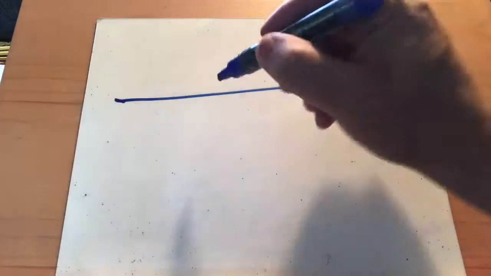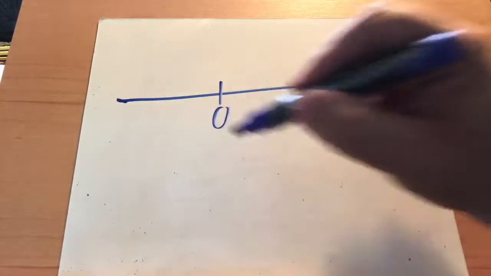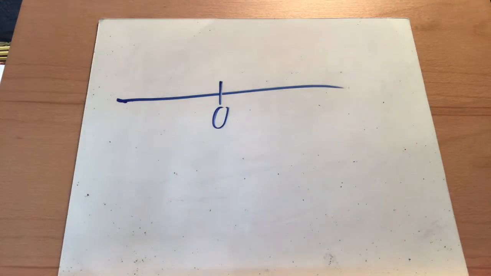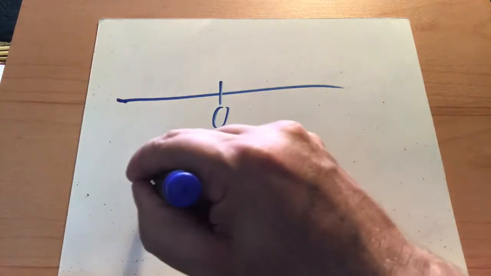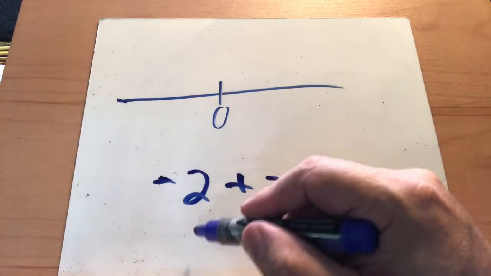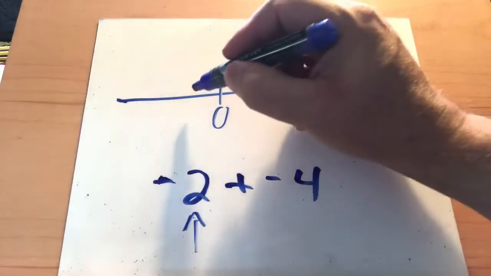Of course, thermometers aren't always dignified and they look bad, so the next advance is a number line. And again, focus on the 0 a lot. Always have a 0 on your number line. What haven't we done yet? How about -2 plus -4? I always like to think of this number as the starting point.